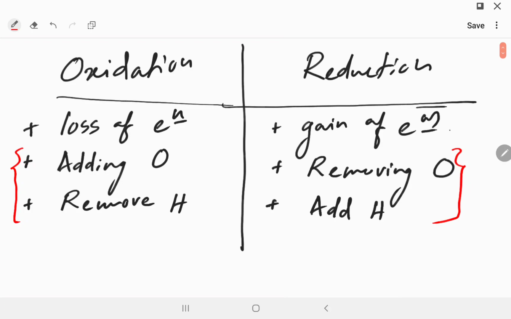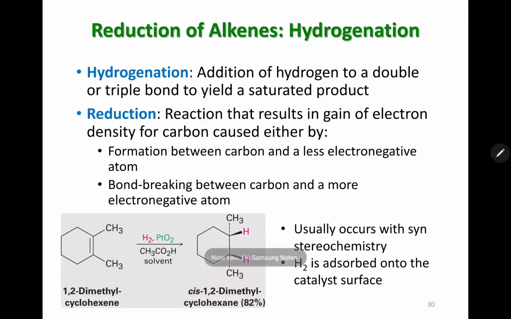In hydrogenation, we add hydrogens to carbons, so that reaction is considered a reduction reaction. Once again, hydrogenation is considered reduction because you are adding hydrogens to carbons.